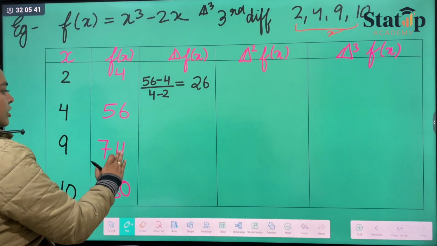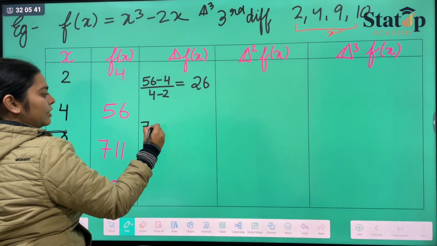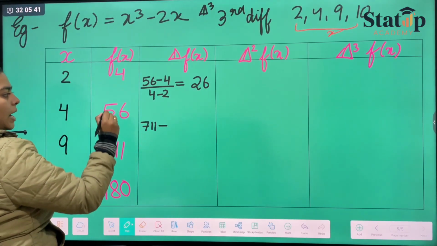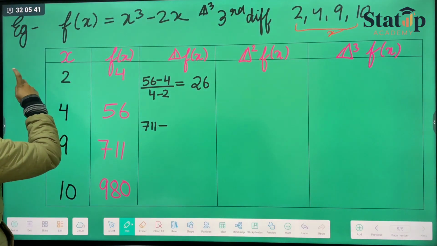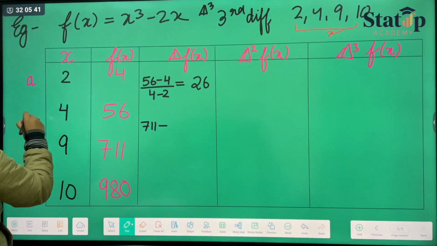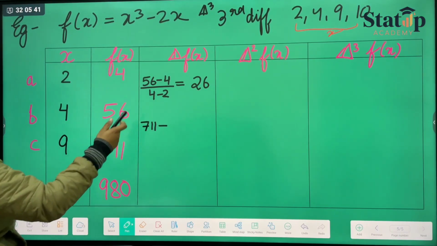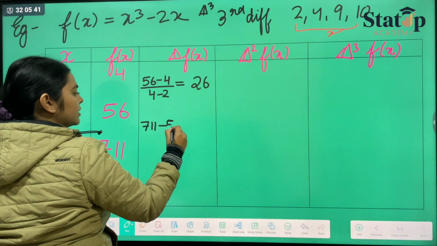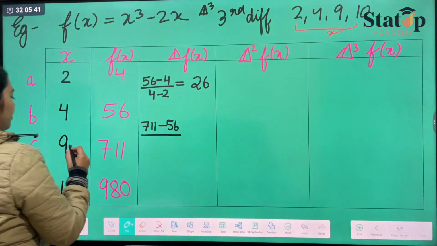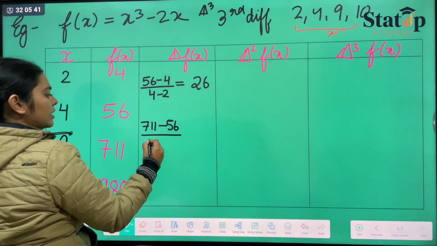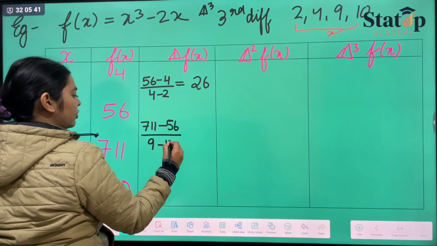Okay. Now this will be 711, f(c) minus f(b), if it is a, b, c and d. So f(c) minus f(b), which is 711 minus 56, upon c minus b, which is 9 minus 4.